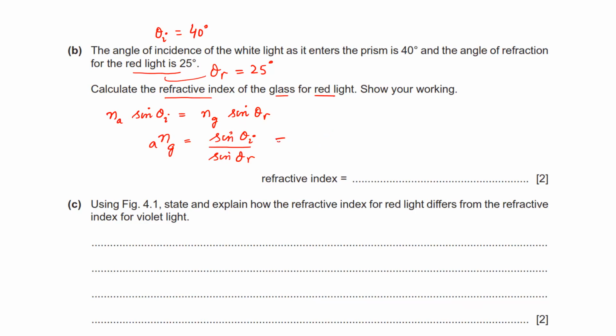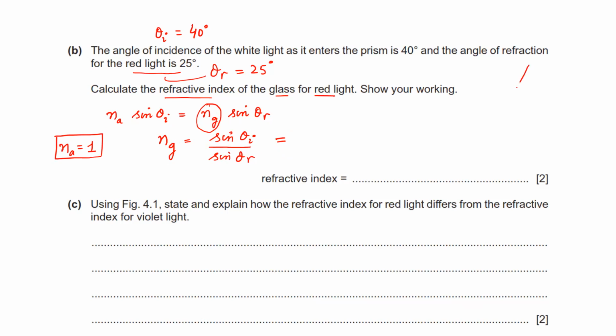The refractive index of air is taken as 1. If you take it as 1, you have to find the refractive index of glass, which will make this easier to understand. So n g.